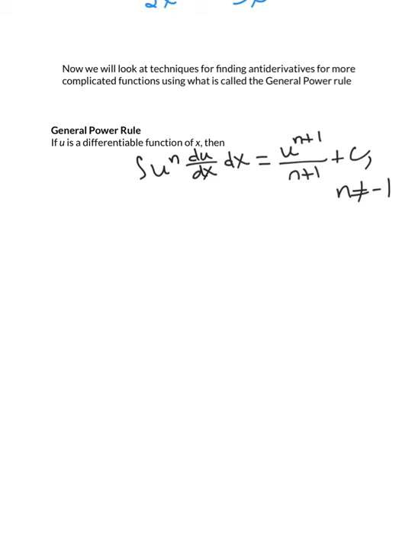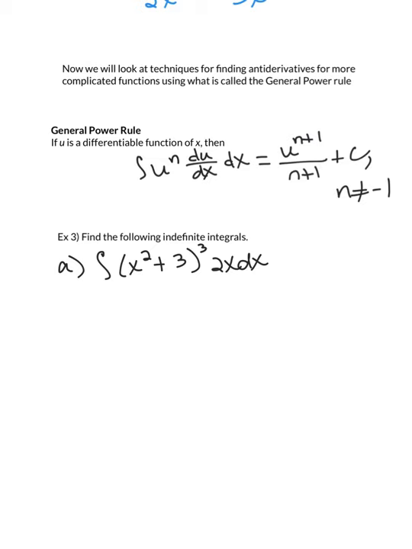Our general power rule says if u is a differentiable function of x, then the integral of u to the n power times du dx, that means the derivative of the u, where the variable is x, equals u to the n plus 1 over n plus 1 plus c, and n cannot equal negative 1 because that gives us a 0 in our denominator.